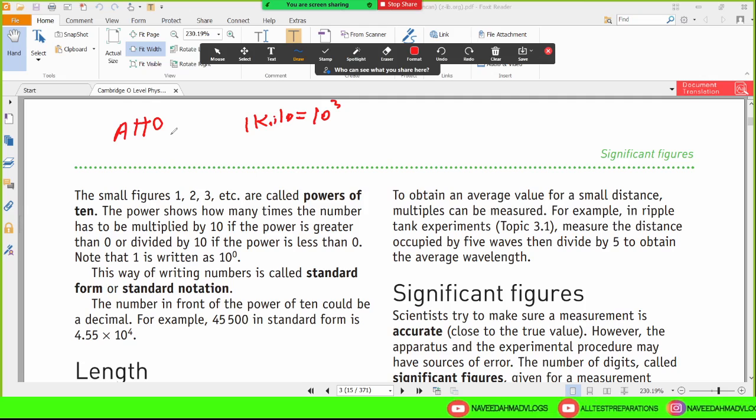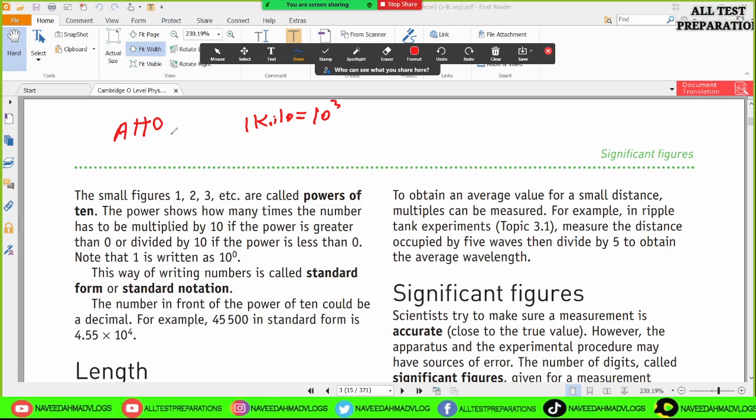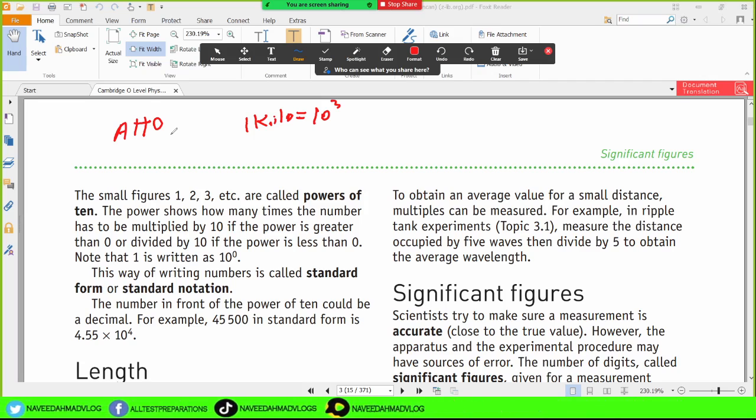Pico, oh, 10 to the power of minus 12. Yes, 1 pico is equal to 10 to the power of minus 12. Okay. 1 nano is equal to 10 to the power of minus 9. Good. 1 micro is equal to 10 to the power minus 6. That's too easy. 1 milli is equal to 10 to the power minus 3.